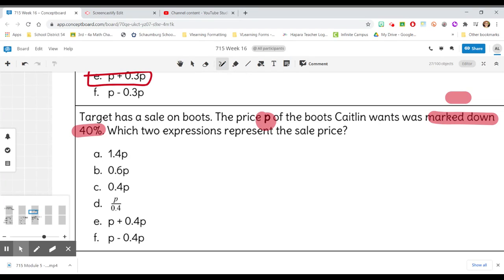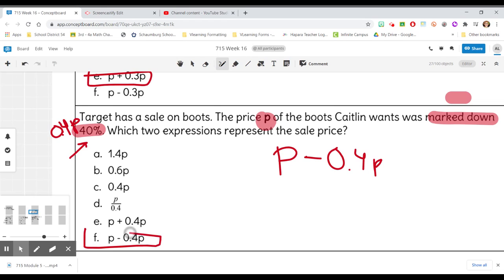Again, we don't know what P is, but we know we're going to start with P and we're marking down from P. So it's going to be P minus something. P minus what? 40% of P. Percent as a decimal is 0.4. So this is going to be 0.4P. P minus 0.4 of P, which gives me F.